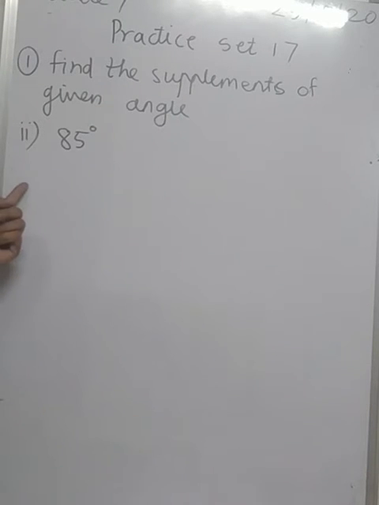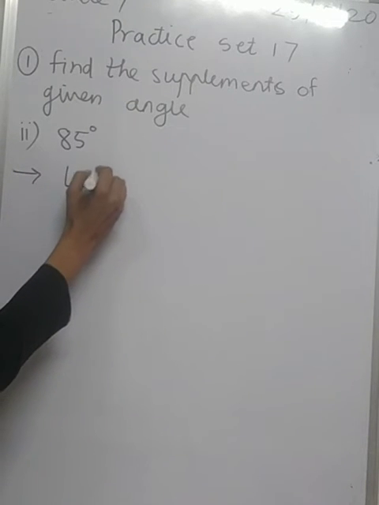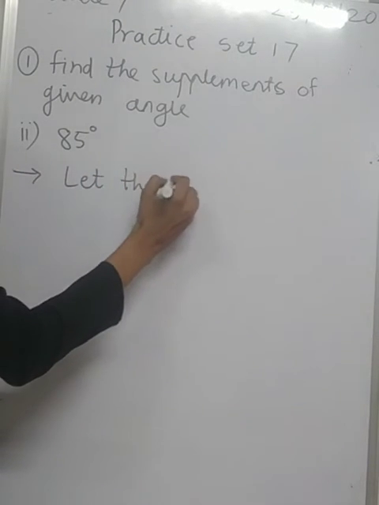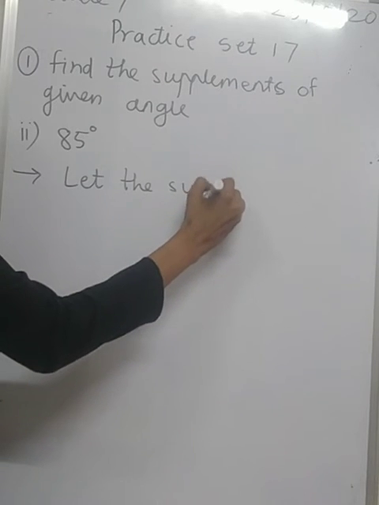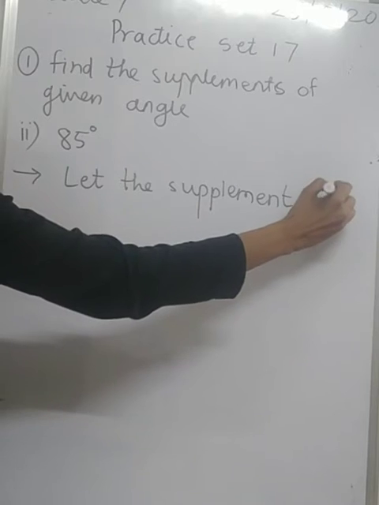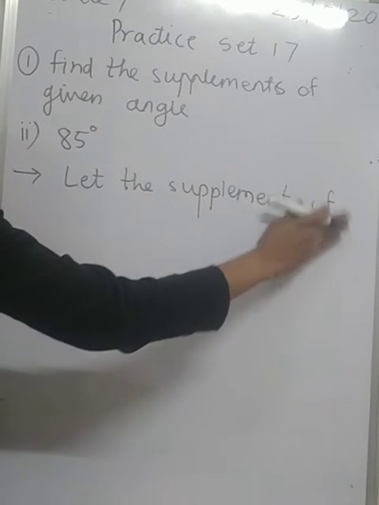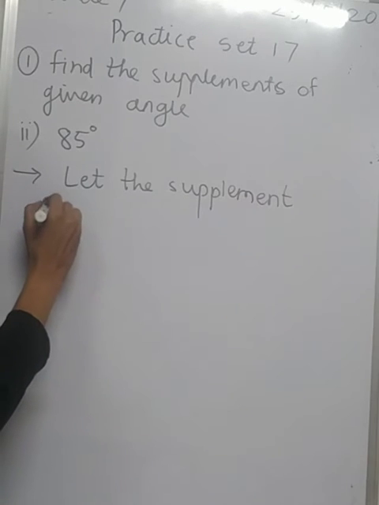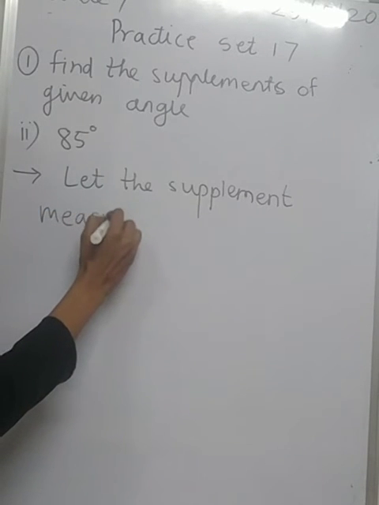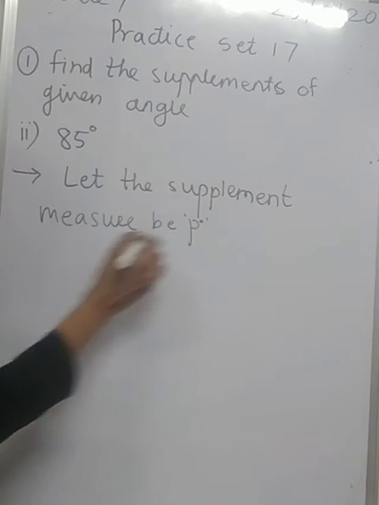The second is 85 degrees. So again you have to write: let the supplement, we don't know what it would be, measure P degrees.